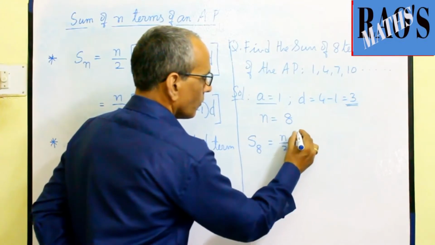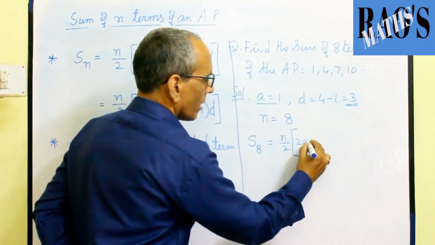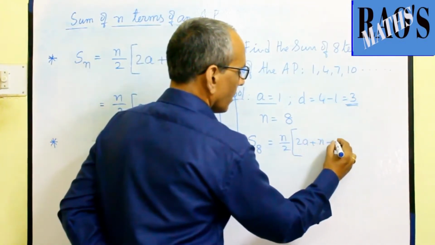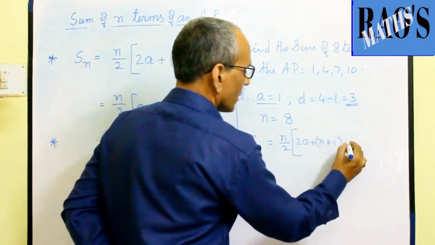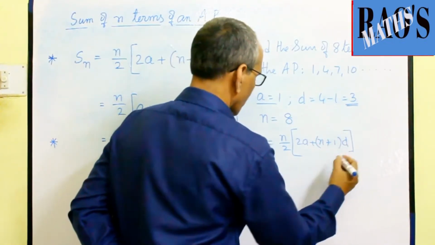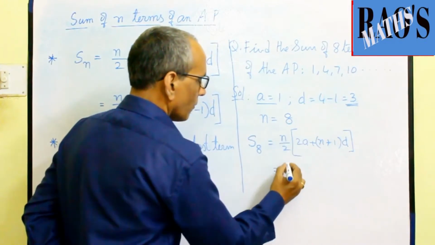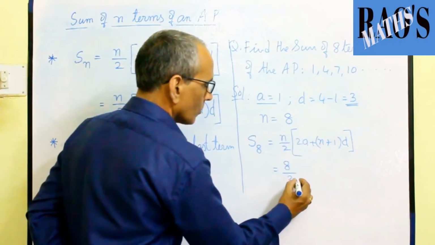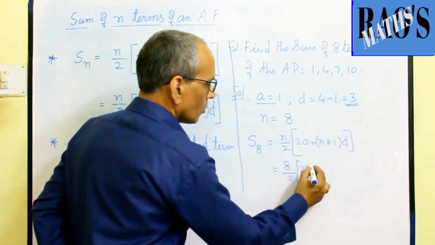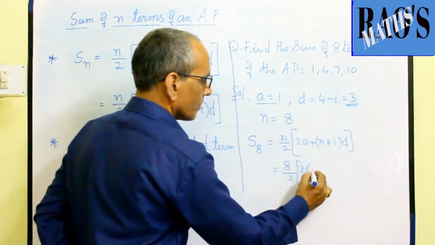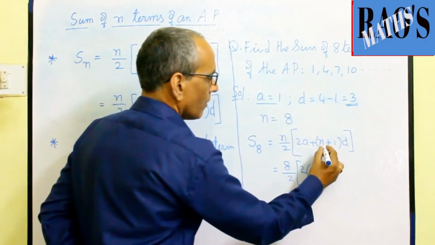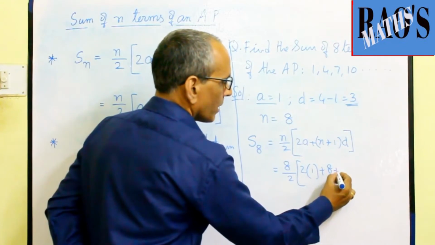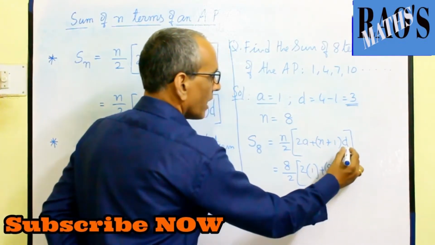That is n by 2 of (2a plus (n minus 1)d). Now substitute n as 8 by 2 of (2 times the a value 1 plus (n value 8 minus 1) times the d value 3).